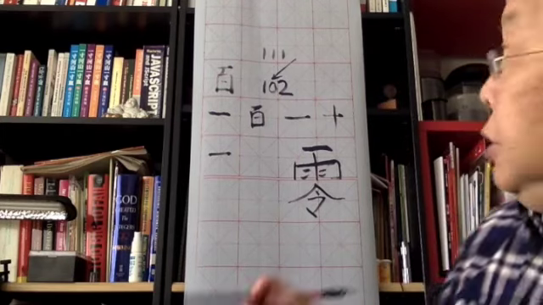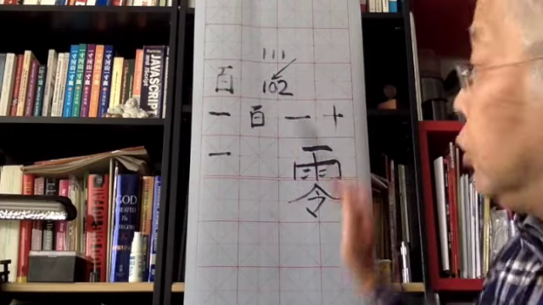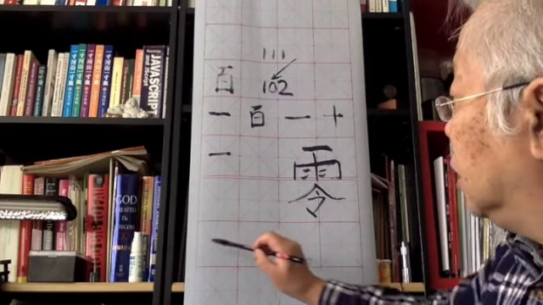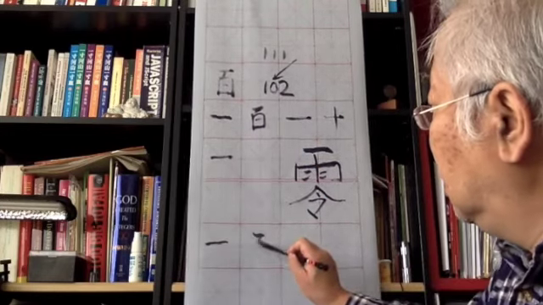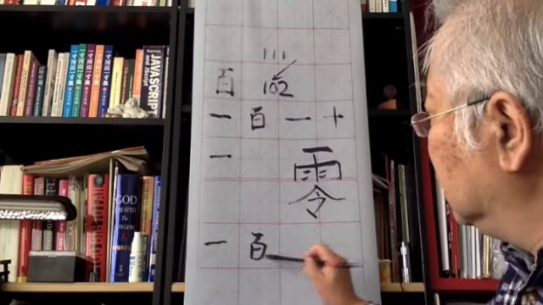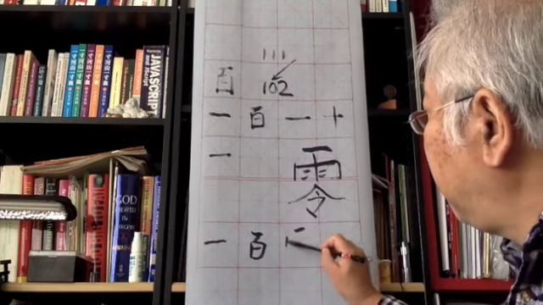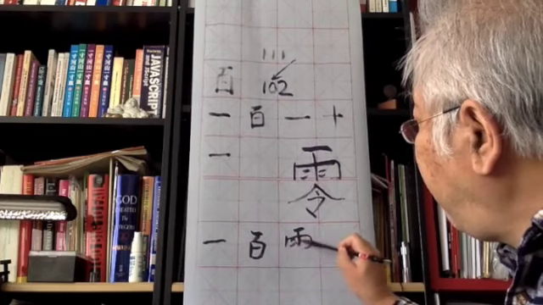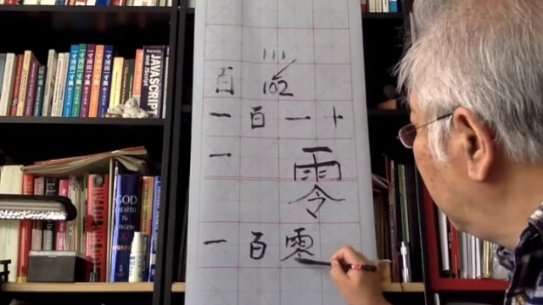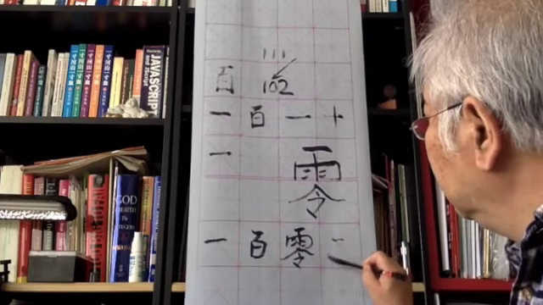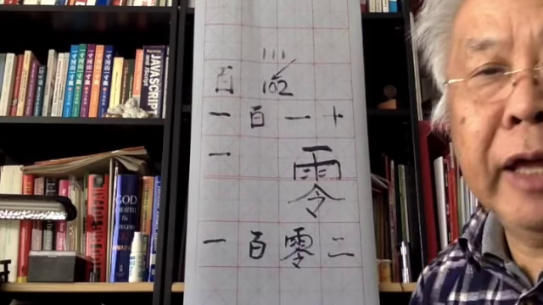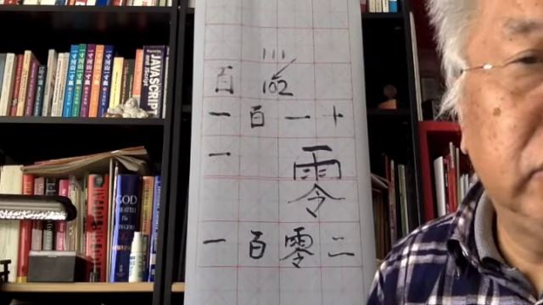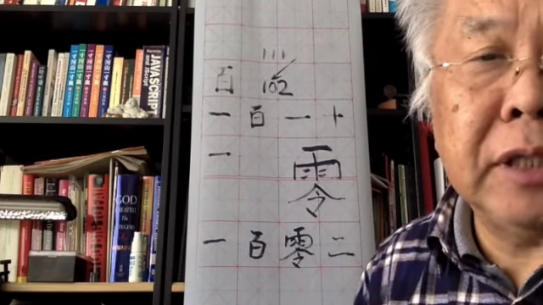So if we are going to say 102, we will write it as 100 with a 0 there, and then 2. So that is 102 with a 0 in it.